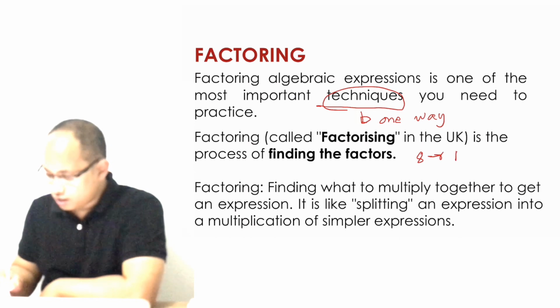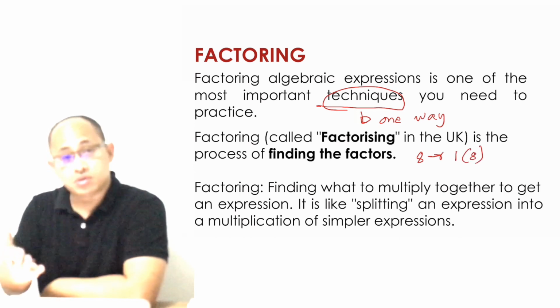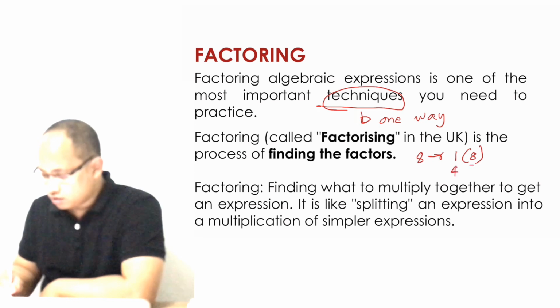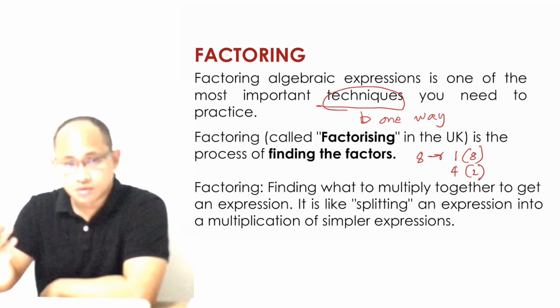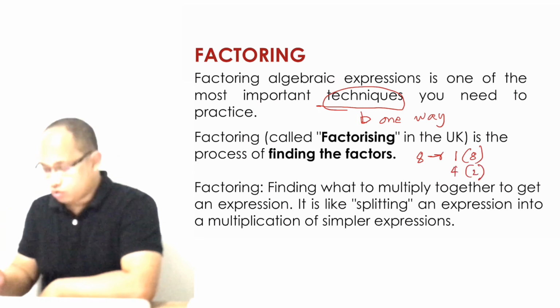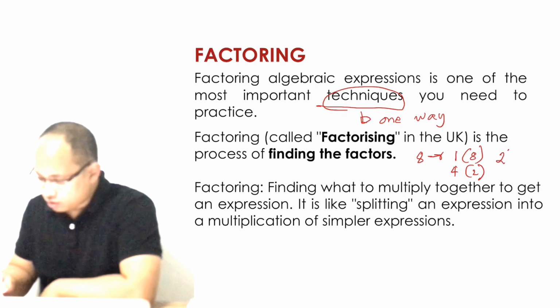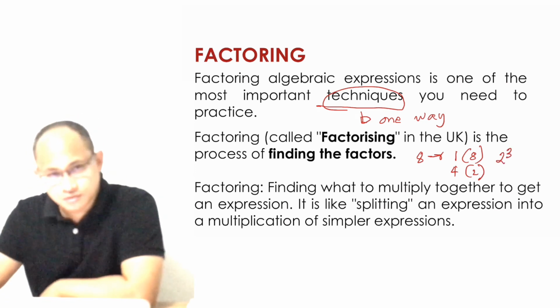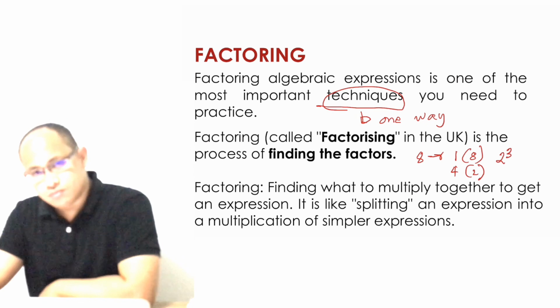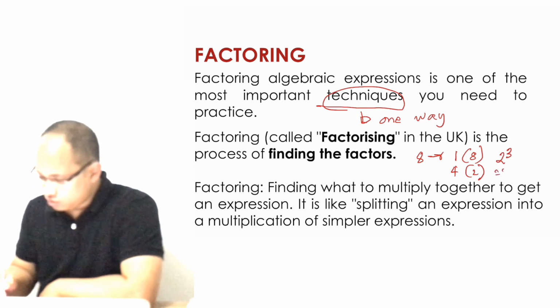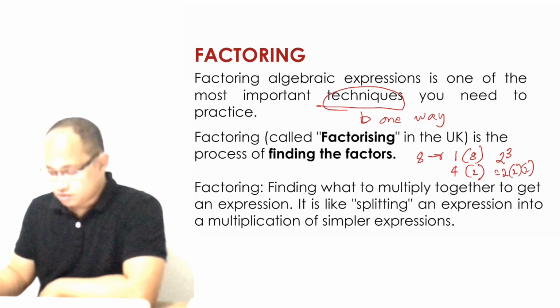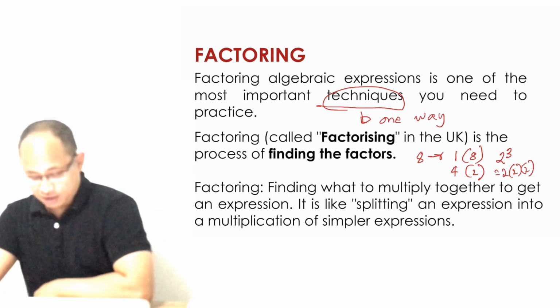For example, you have 8. What are the factors of 8? You have 1 times 8 equals 8. 4 times 2, which is also equal to 8. Or you have 2 to the power of 3, which is 2 times 2 times 2, also equal to 8. Those are factors. You have to find the factors.